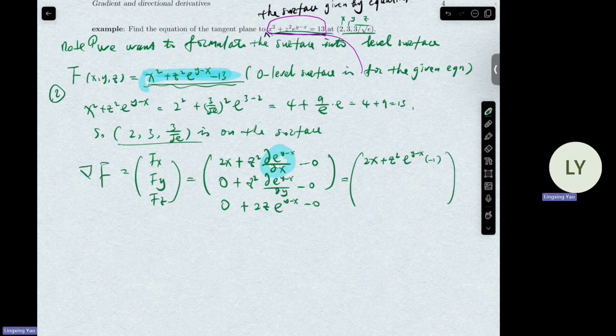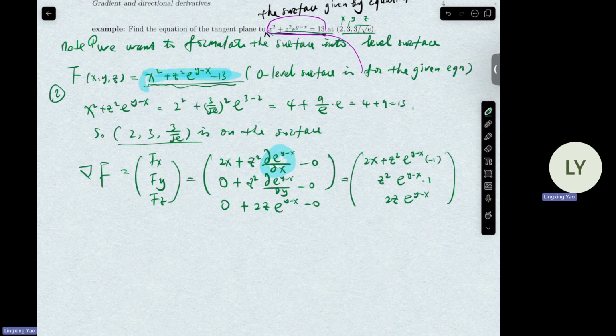And for the second component, z squared times essentially the same thing, but we have e to the y minus x, and then we have to take the derivative of y minus x with respect to y, which is positive one. So there's a little bit of difference, and this is what we have.